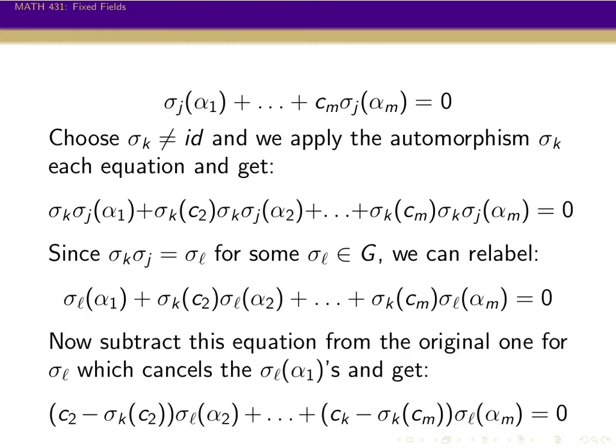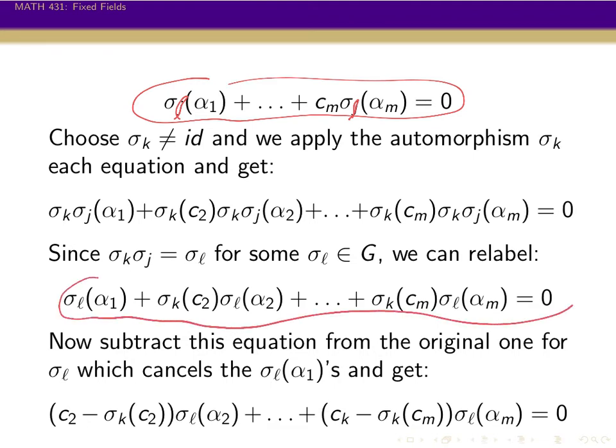Okay. And so now, since this equation here up on top, we originally had some equation for sigma L, we can take this original equation and now subtract off this line. And the important thing to note when we do this is that they both have sigma L of alpha 1 in them.